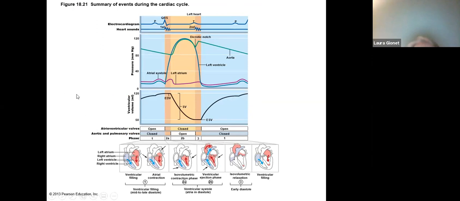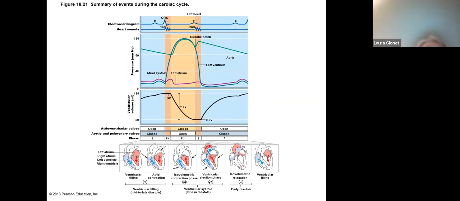This looks a little bit busy, but really all I want you to look at is the top, the immediate top, below the electrocardiogram and where we hear the heart sounds. It shows you the waxing and waning, increasing and decreasing pressure that is occurring in the chambers, in the atria and in the ventricles.